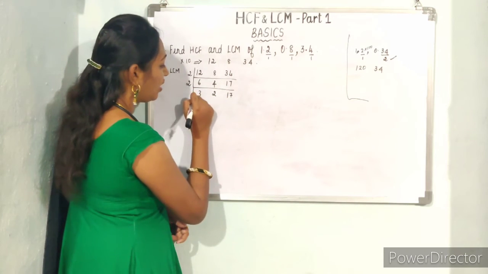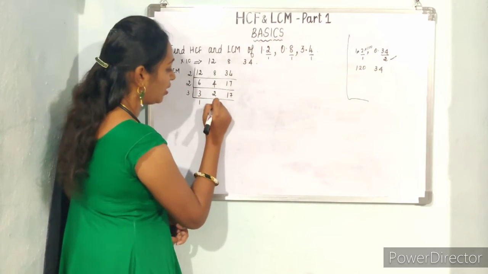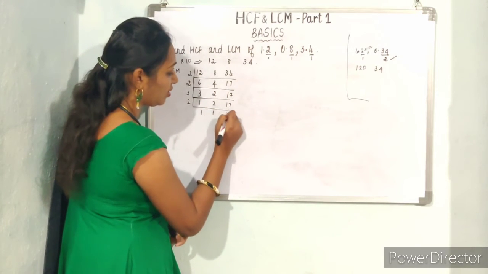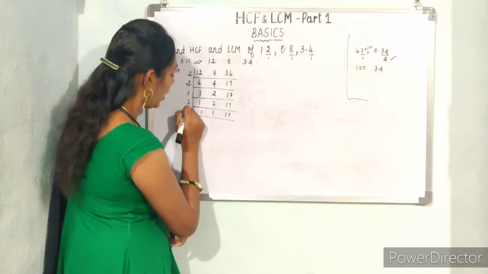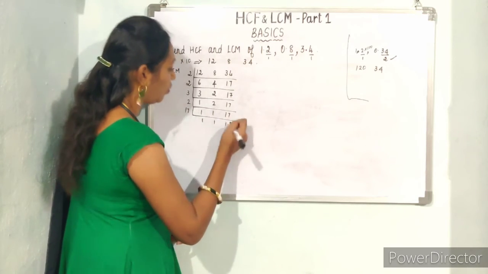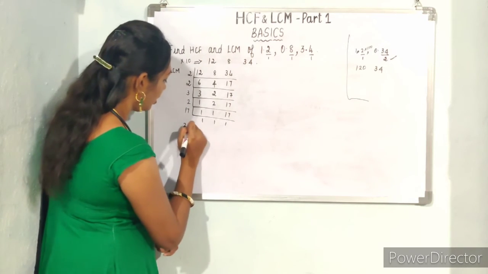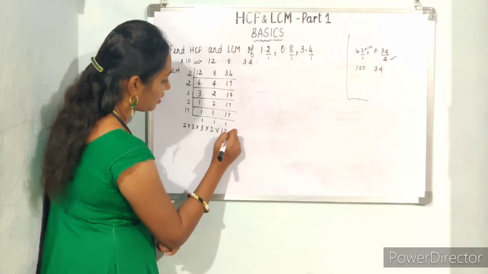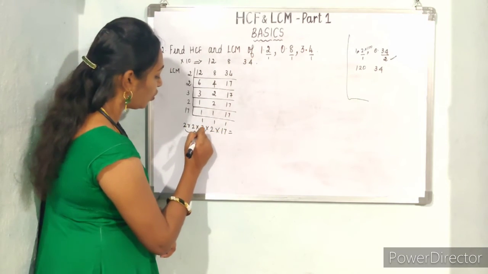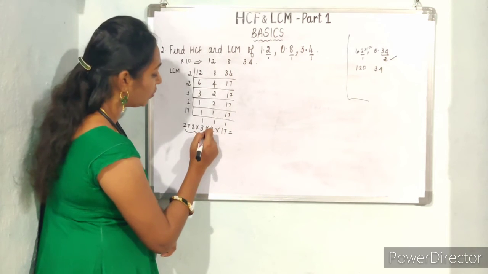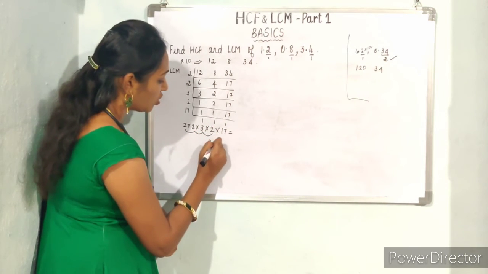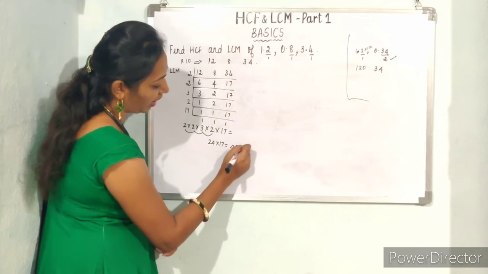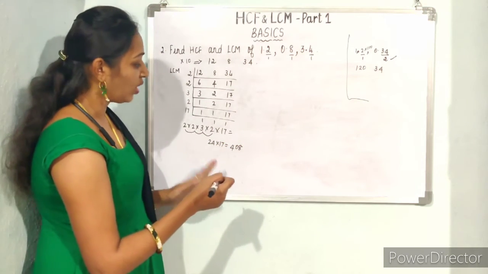Then 3, 1, 17 cannot be divided further by 2, then 3 and 17 remain, and 17 is a prime number. Now multiply all these numbers: 2 into 2 into 3 into 2 into 17. 2 2s are 4, 4 3s are 12, 12 2s are 24. 24 into 17 we'll get as 408. So the LCM of this one is 408.